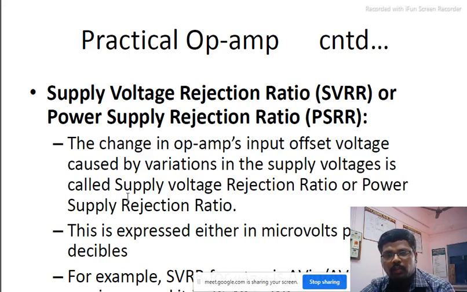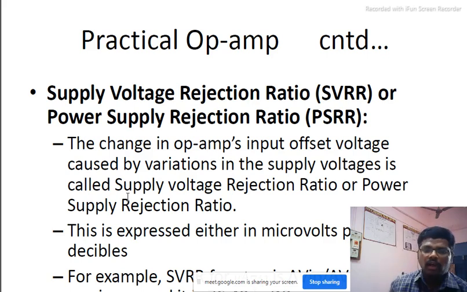Therefore, the input offset voltage caused by variation in the supply voltage. In case of an op-amp, there are two different input terminals, the inverting terminal and the non-inverting terminal. In these two terminals, two different input offset voltages may be given.